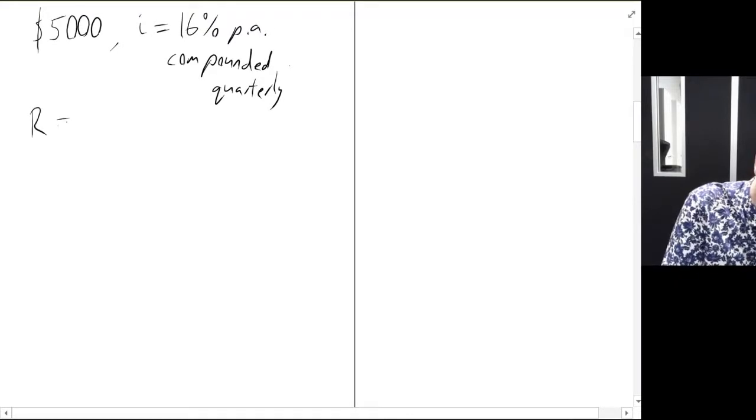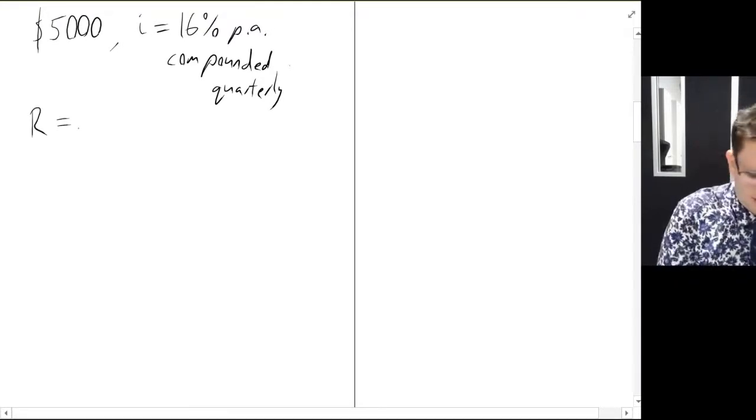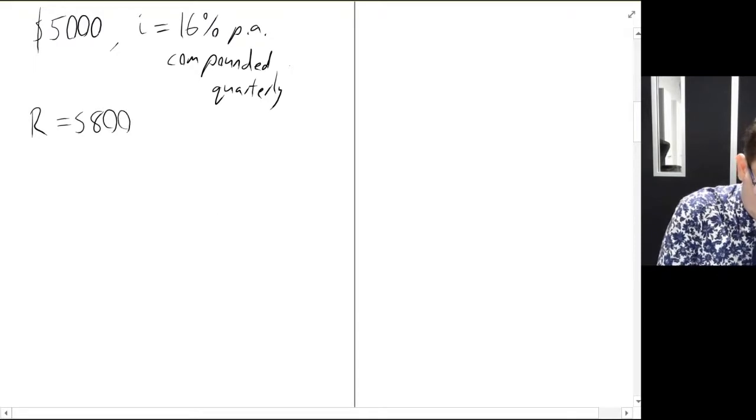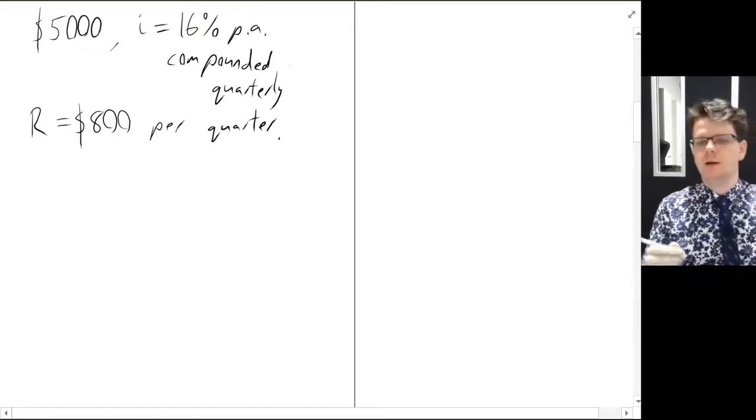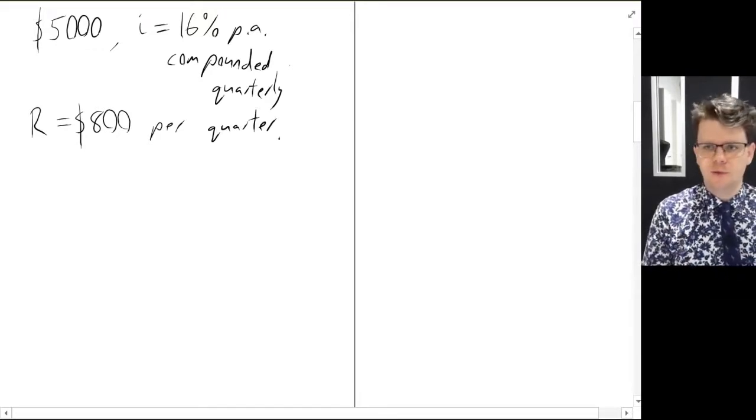Now the repayments he's going to be making are $800 per quarter. Find a recurrence relation for this situation.